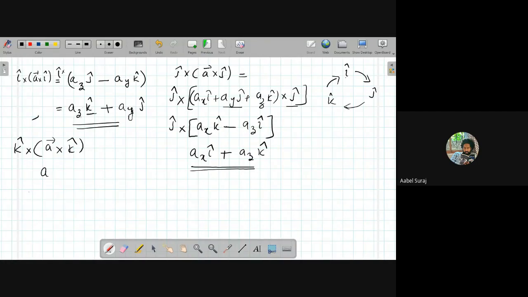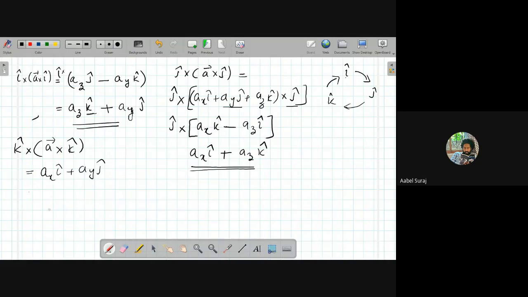So the k component will be az. The j component will be ay, because it is in the y direction. The i component is along the x direction, so ax. It is along the z direction, so az. So from here we can directly write it will be simply ax i plus ay j. That's it.